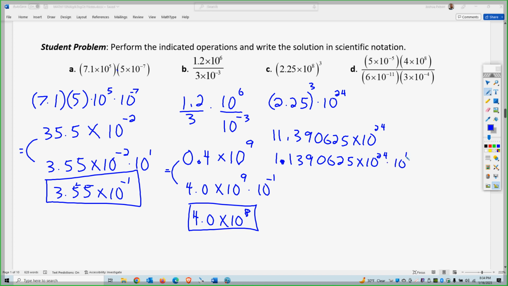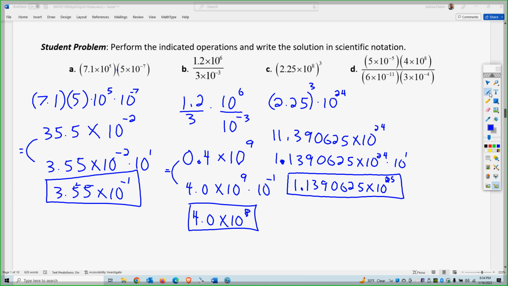So you multiply it by 10 to get back the original 11. So 1.13900625 times 10 to the 25th. And you don't really need all those decimals because typically in an application setting, you would know your tolerances and you would obviously round that off accordingly to the application of what you're doing.